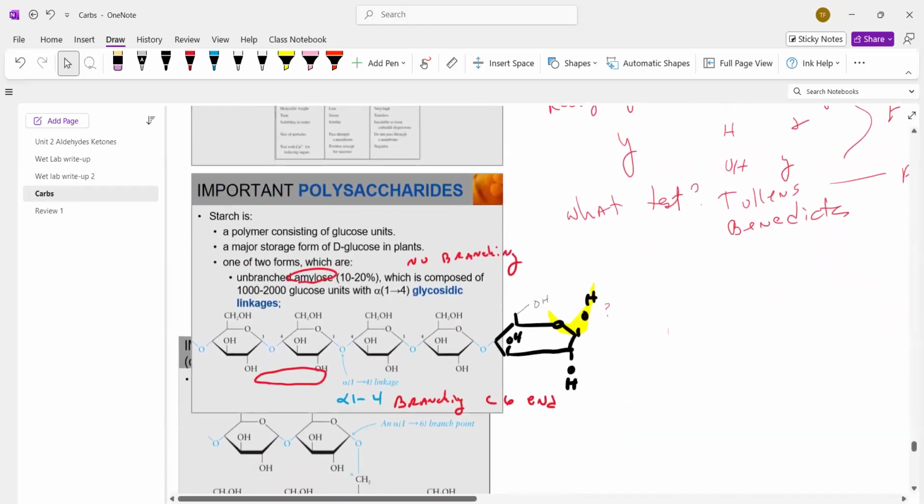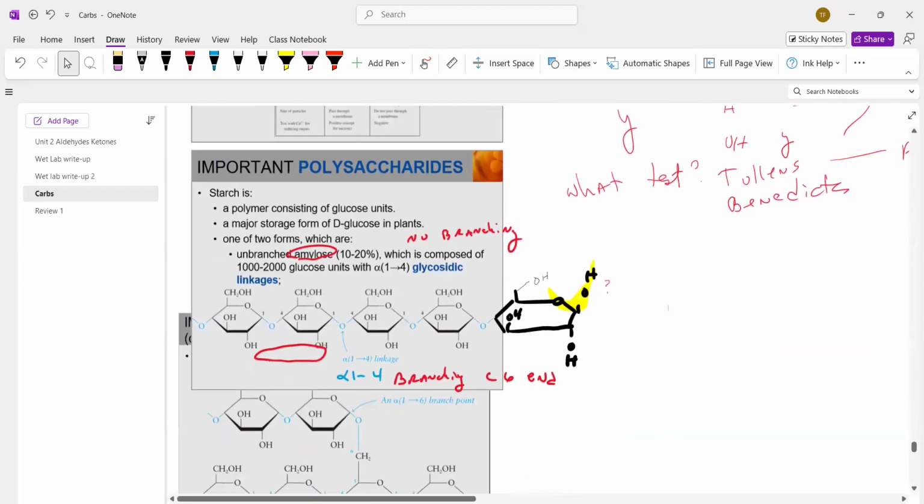Okay, so we get into the polysaccharides. We're just adding on more and more monomers, usually glucose.